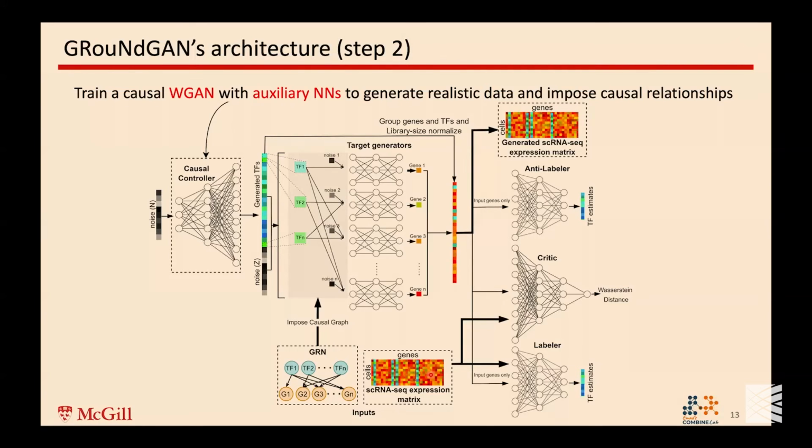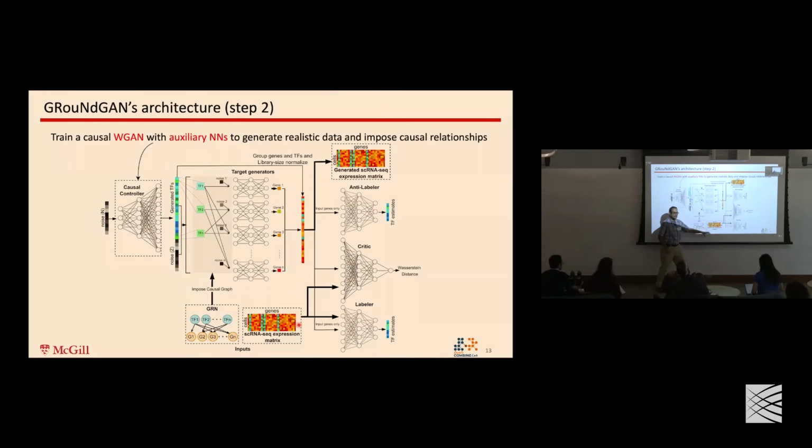And what effectively it does is that while it may look like we are doing something redundant, the difference is that the anti-labeler makes sure that the simulated data is really imposing the interactions. The labeler, in addition to that, makes sure that the information also comes from the reference data set to make further connection to the real biology and real biological data.